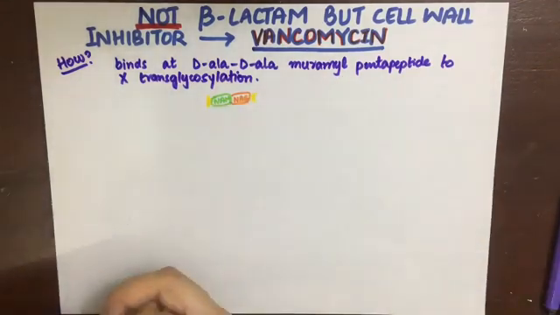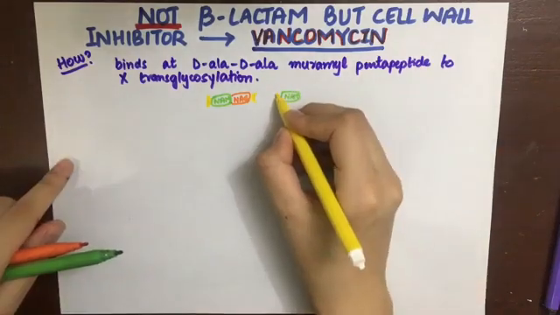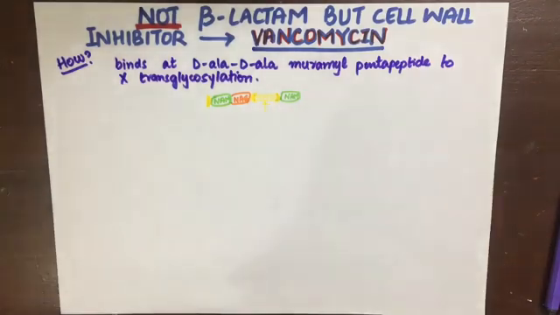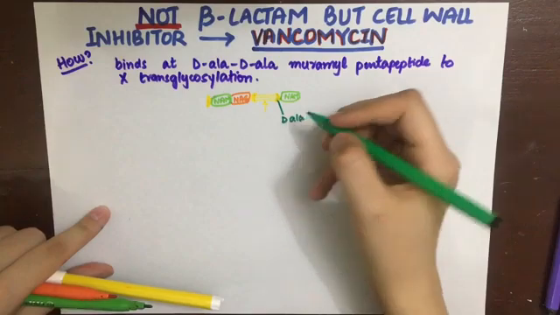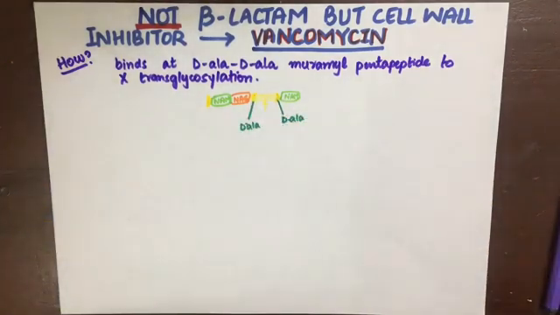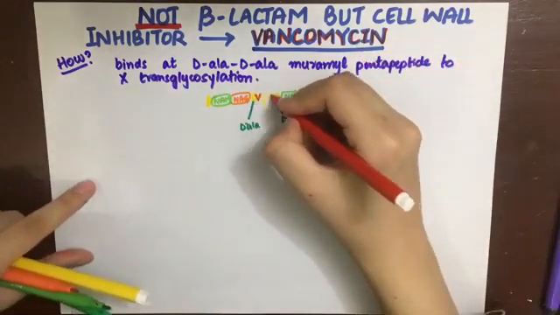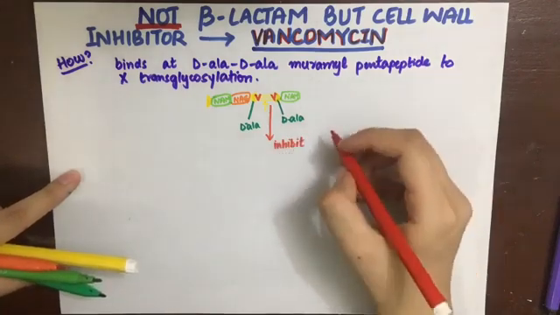These D-alanine residues need to bind together to form the bacterial cell wall. This reaction is known as transglycosylation, and it is carried out by an enzyme known as transglycosylase. What vancomycin will do, it will bind to these D-alanine residues and prevent their binding with each other. And thus, transglycosylation will be inhibited.